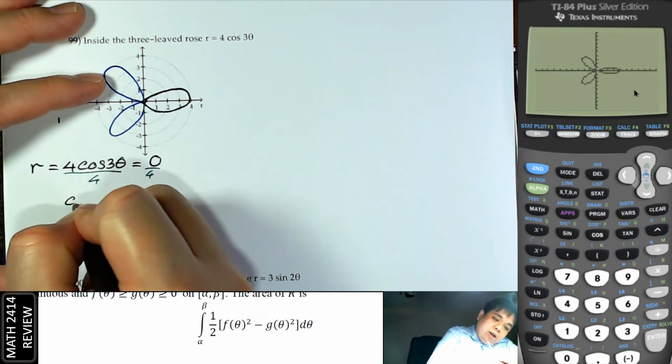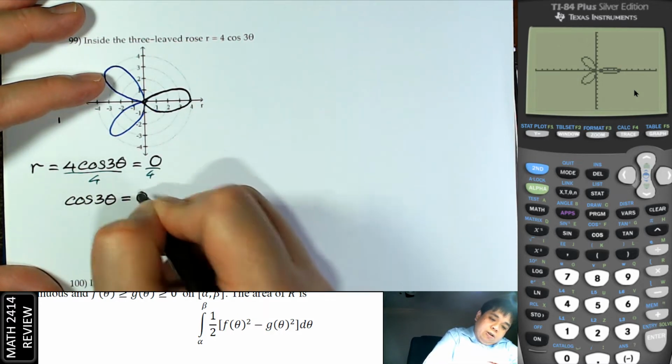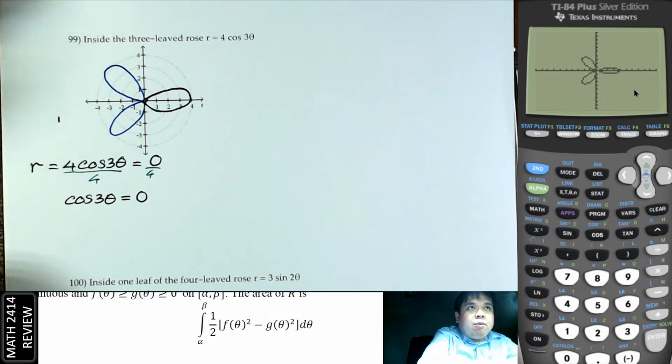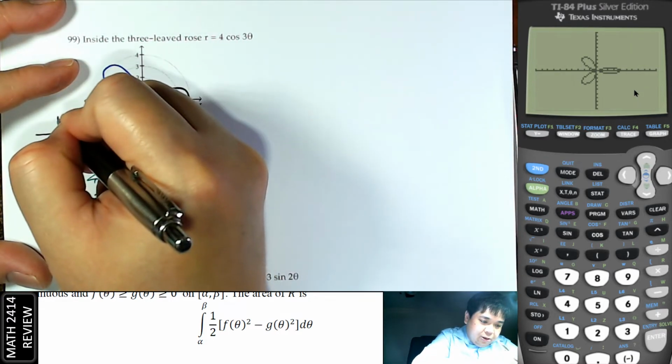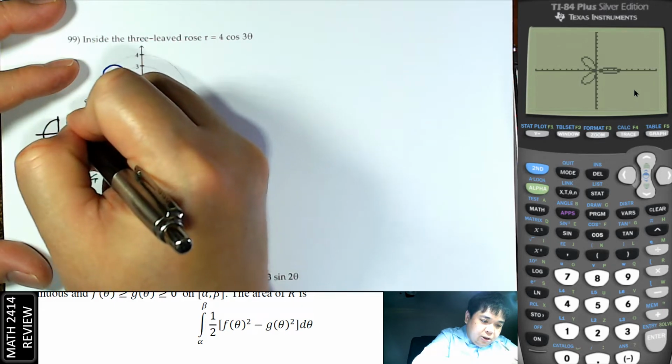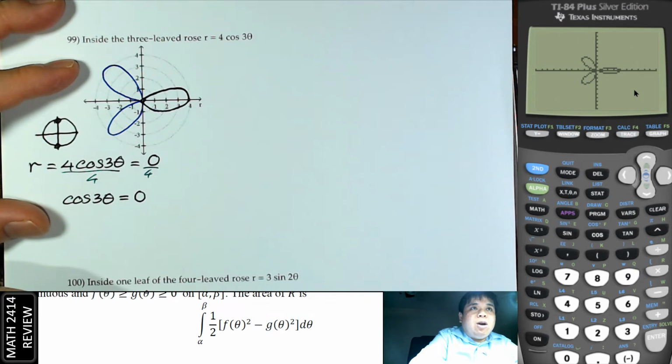So we have cosine 3 theta equal to 0. Now cosine equal to 0 is here or here, right?